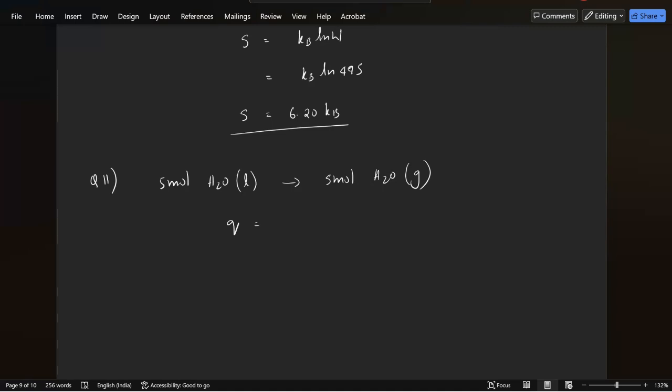It's simple actually. Number of moles of H2O into latent heat of vaporization. So what we need is the latent heat of vaporization value. Now we have 5 here. Let's calculate.